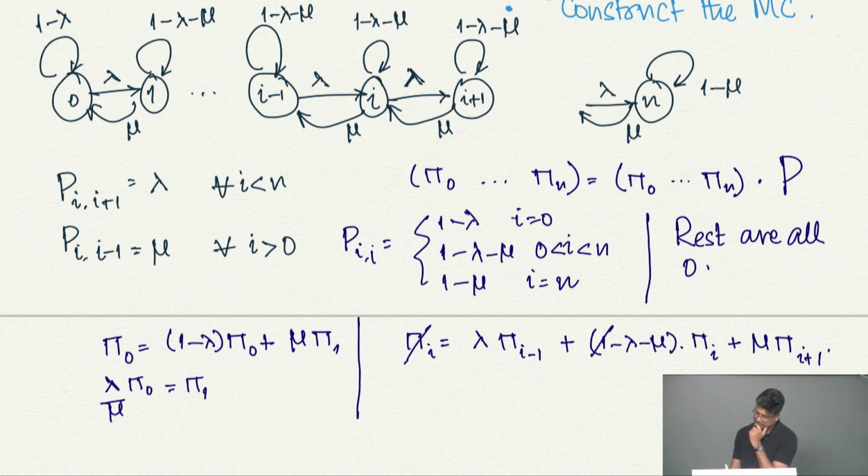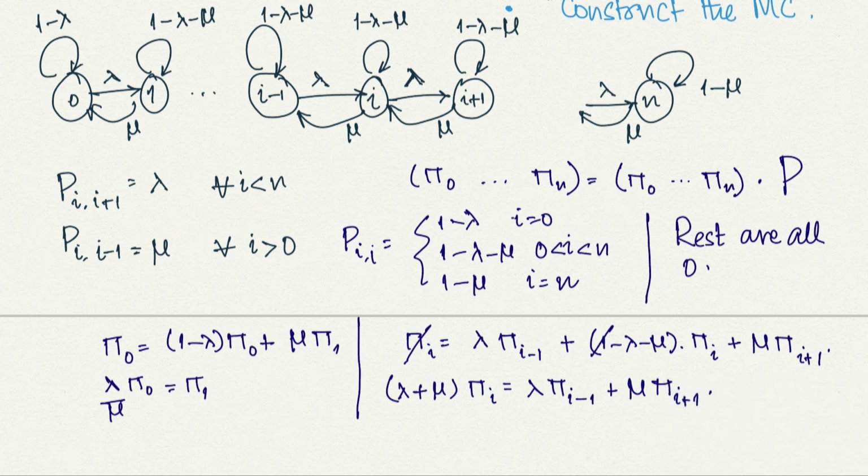So what will this be? So this I'll do, so lambda plus mu times pi i is equal to lambda times pi i minus 1 plus mu times pi i plus 1.